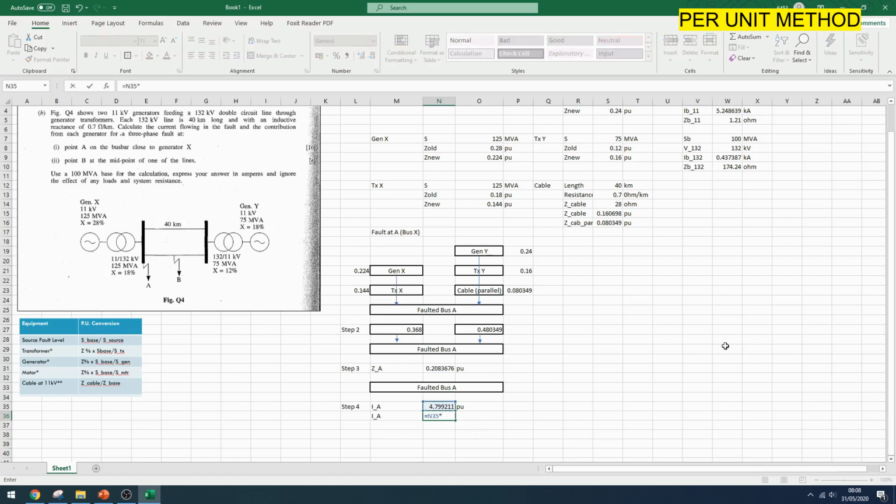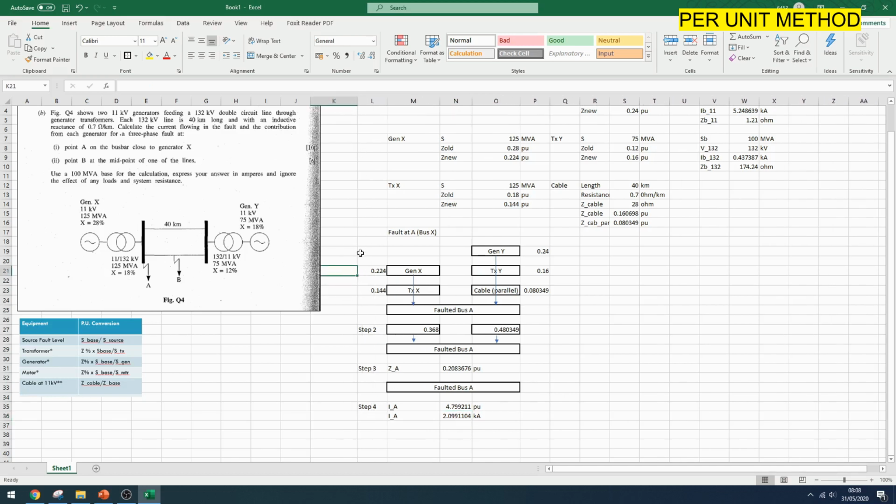Times 4 point. So this will give you around 2 kA. This is our calculated value based on the per unit method. So this is your final reading.